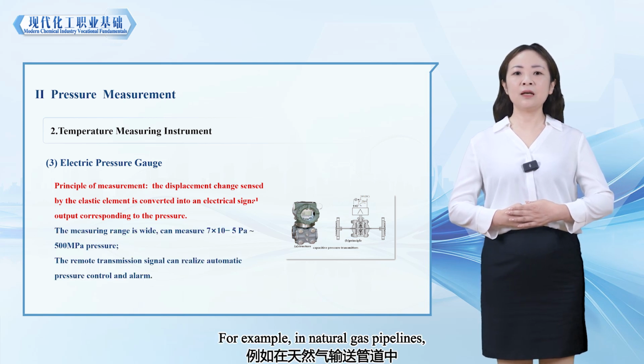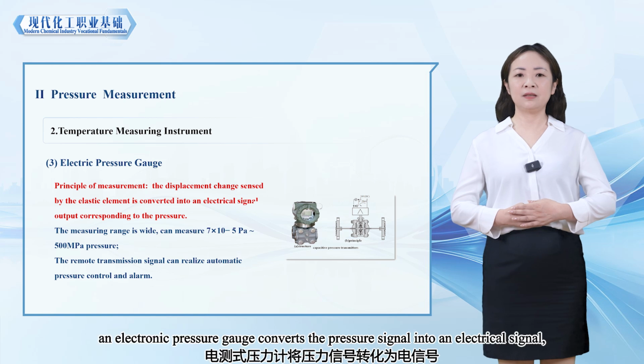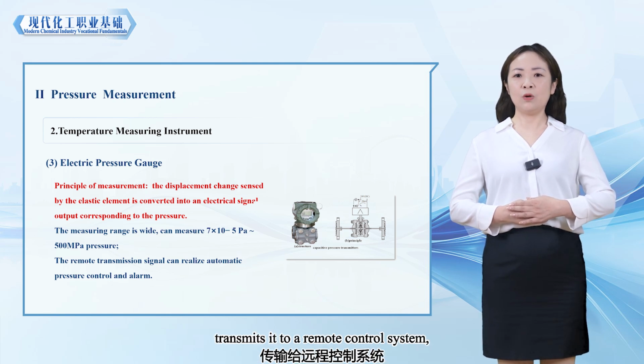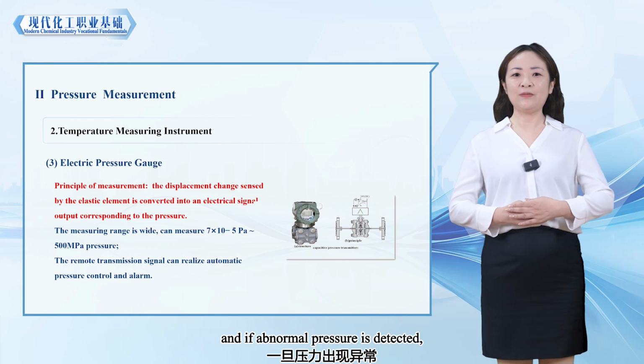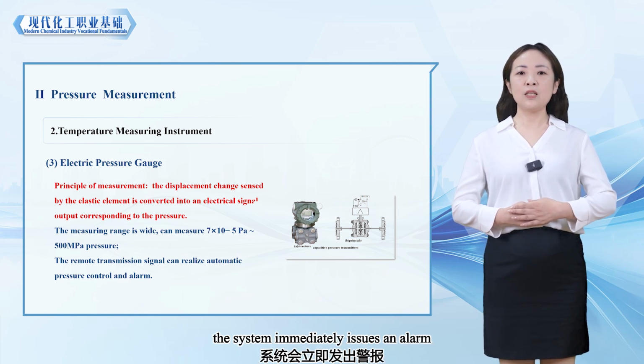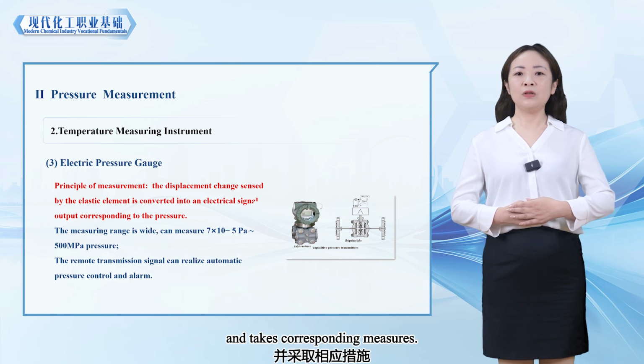For example, in natural gas pipelines, an electronic pressure gauge converts the pressure signal into an electrical signal, transmits it to a remote control system, and if abnormal pressure is detected, the system immediately issues an alarm and takes corresponding measures.